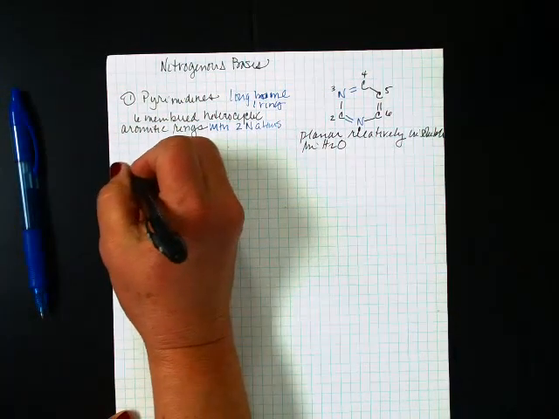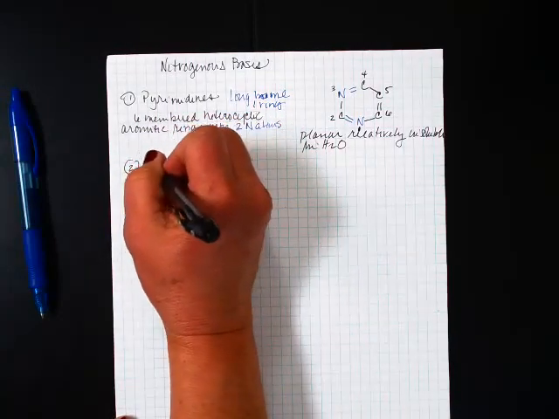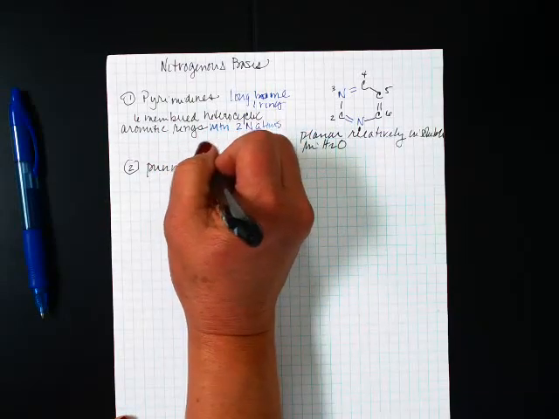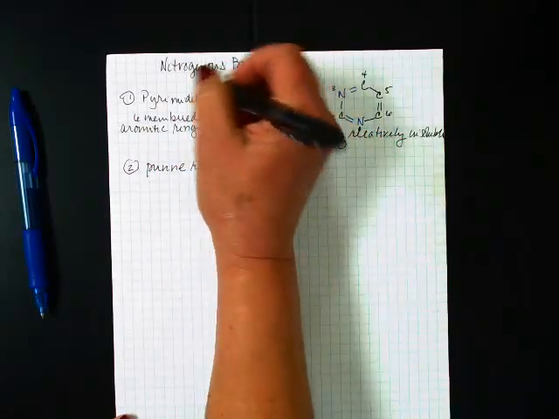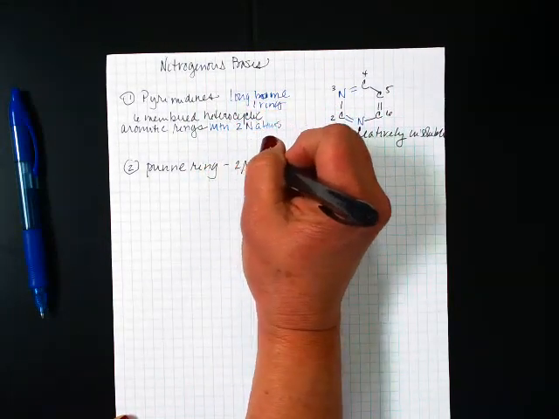The other basic nitrogenous base is a class called the purine ring, as opposed to the pyrimidine ring up here. There are two rings of atoms.